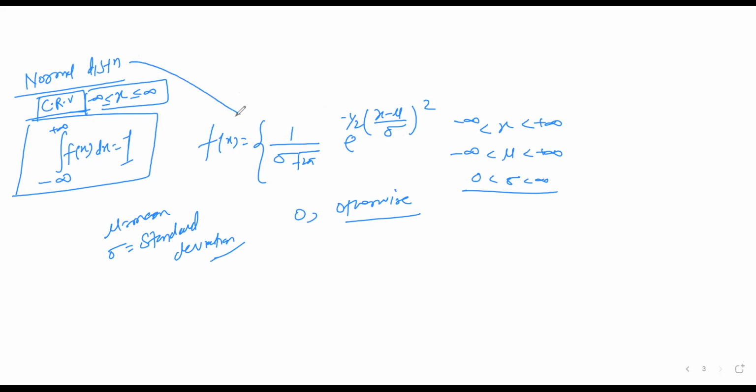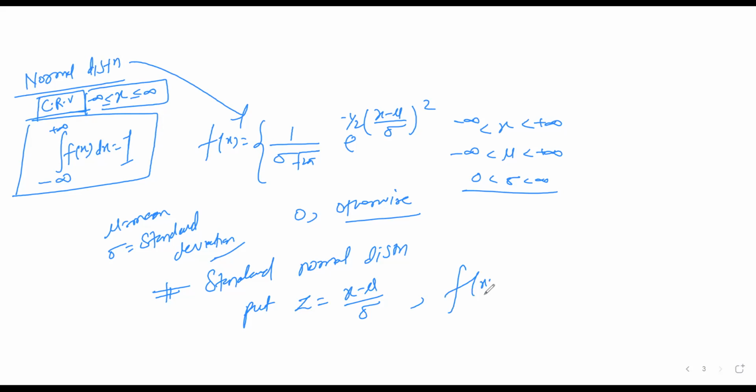This normal distribution I am going to convert into a standard normal distribution. You can convert it by substituting z equal to x minus mu by sigma.